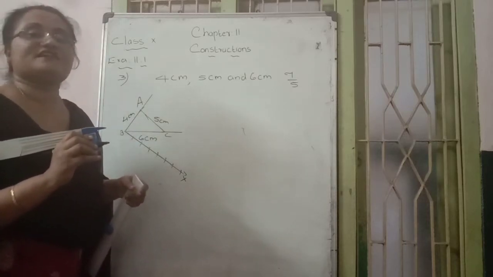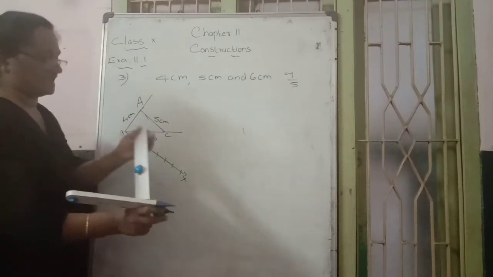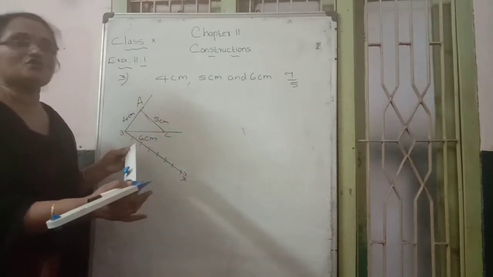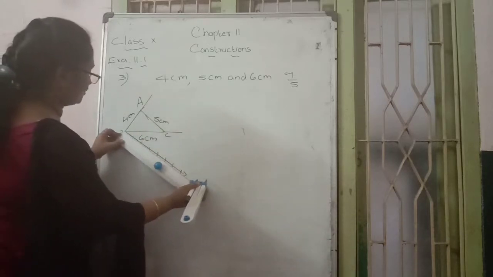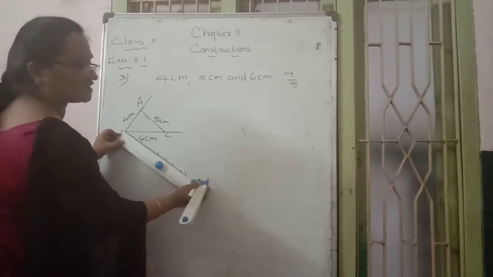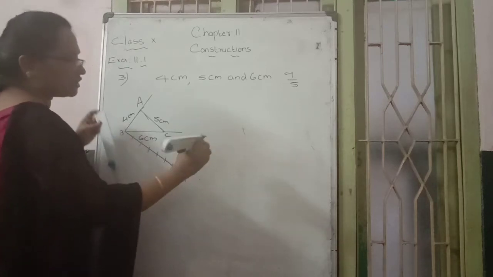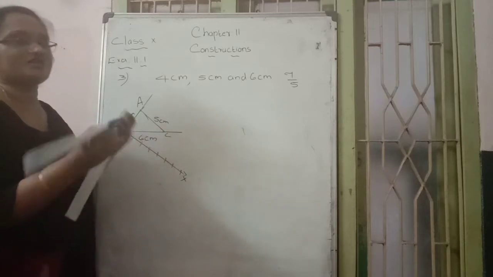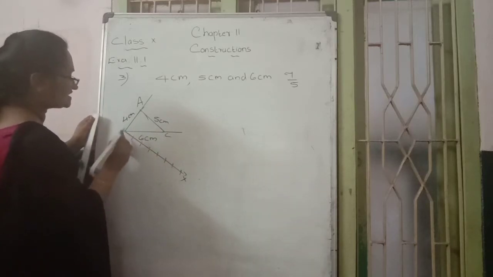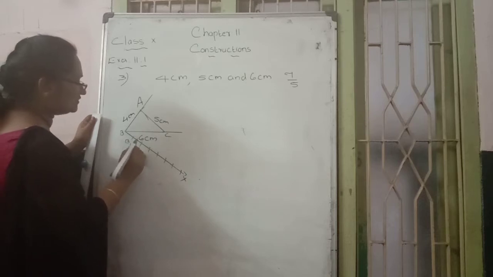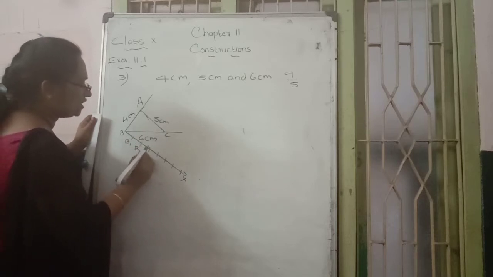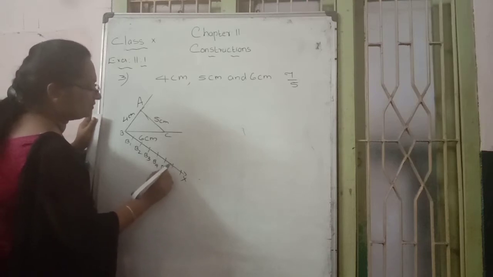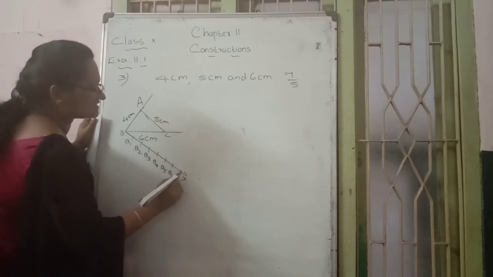You can use a scale, marking the 7 points at 1.5 centimeter each, or use a compass and draw arcs and mark. You can follow any method. Here B is the point, so we can mark B1, B2, B3, B4, B5, B6, B7.